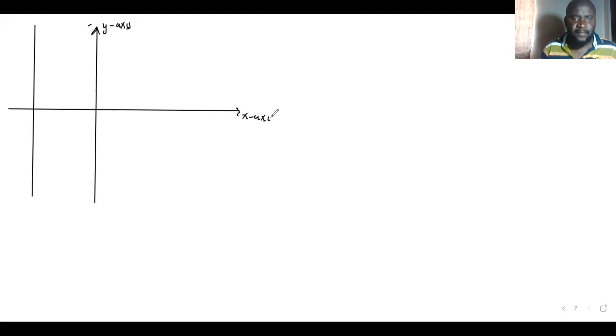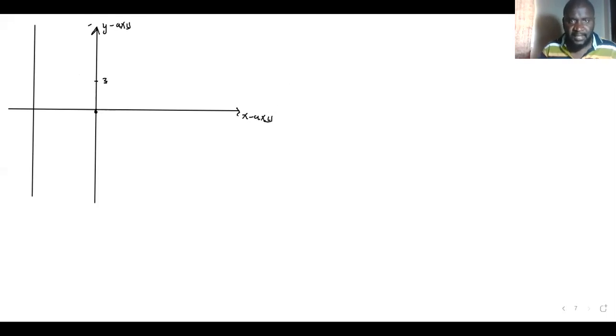So if this is our vertical axis, if this is where our directrix is, and this is our y-axis and this is our x-axis, then we have seen that the parabola cuts the y-axis at y is 3 and y is 1.